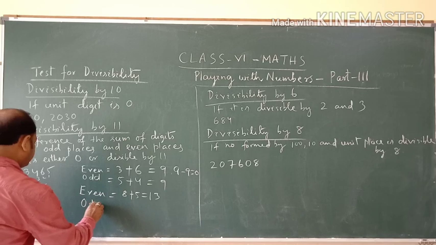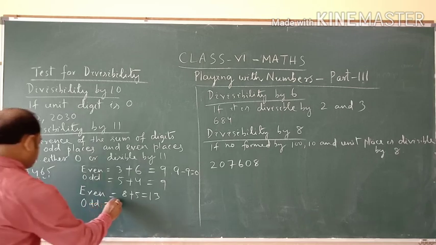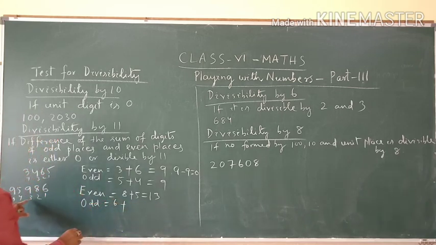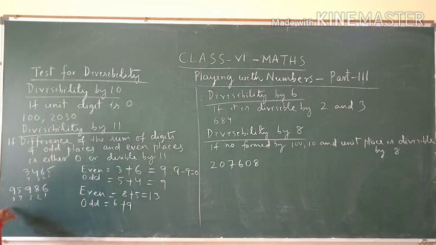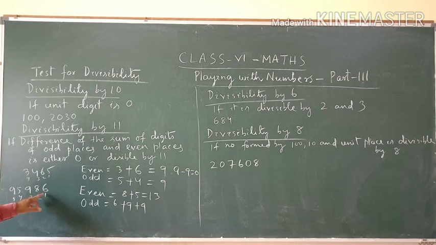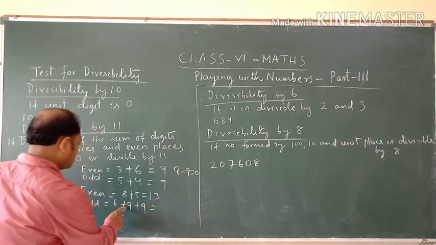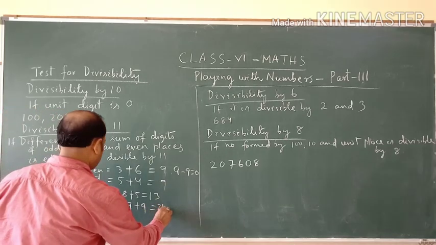Here the odd places are 1, 3 and 5. So 6 plus 9 plus 9. What number is coming here? 6 plus 9 is 15, 15 plus 9 is 24.